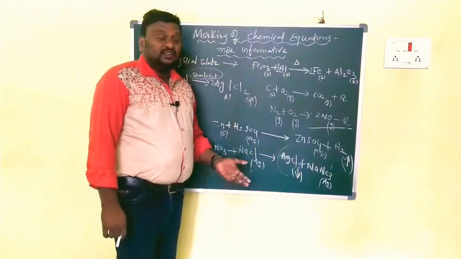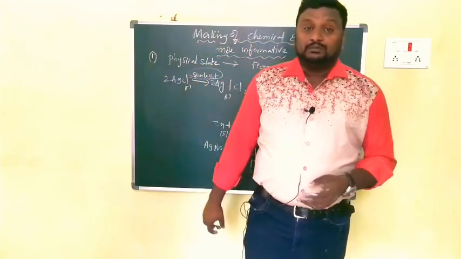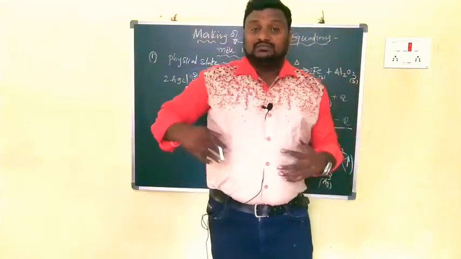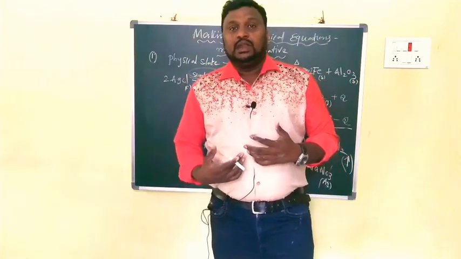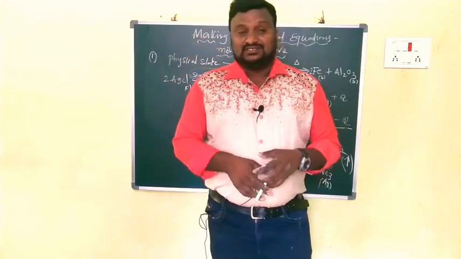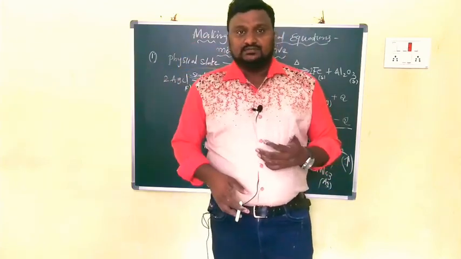And the next thing is, if the reaction is performed with the help of temperature, sunlight, some pressure, electrolysis, or any catalyst. Catalyst means what? Something which can increase the rate of reaction. Clear?